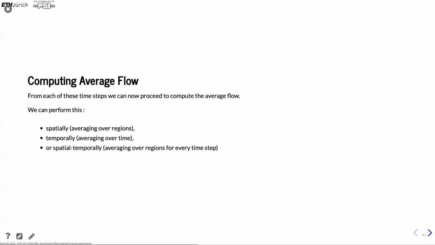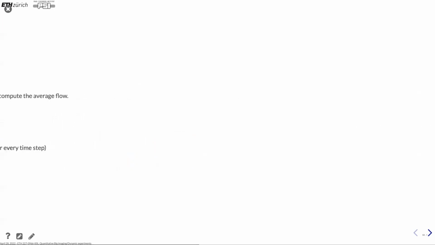Another topic we can work with is average flow. There is some kind of movement within the image when we have displaced it. We can compute it in different ways, spatially, so averaging over regions. We can also do averaging over time, and a combination of them.